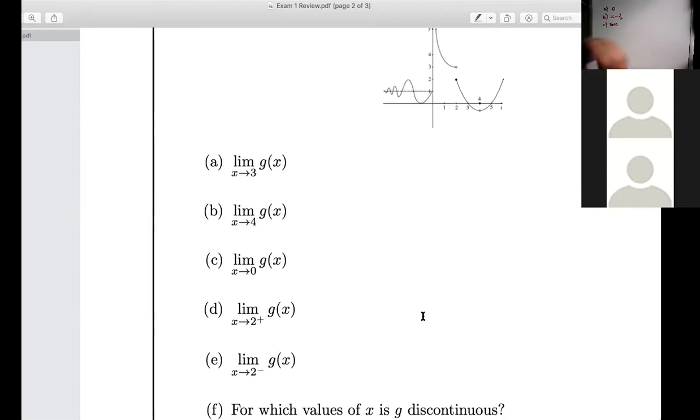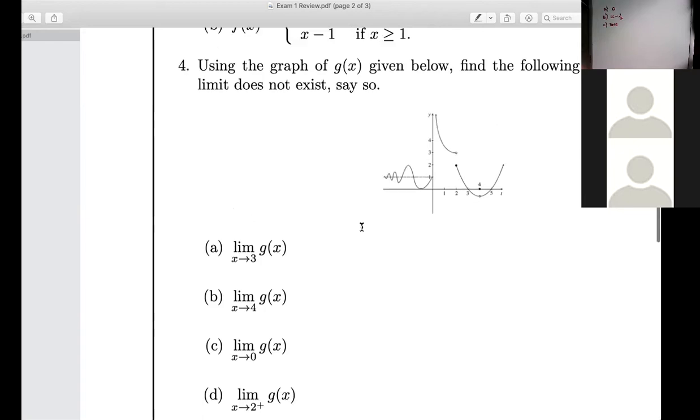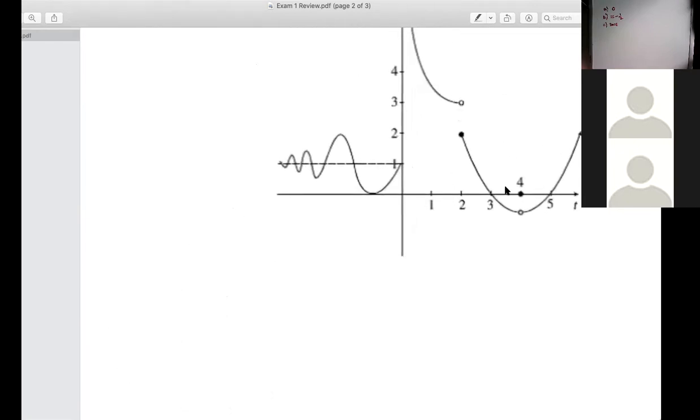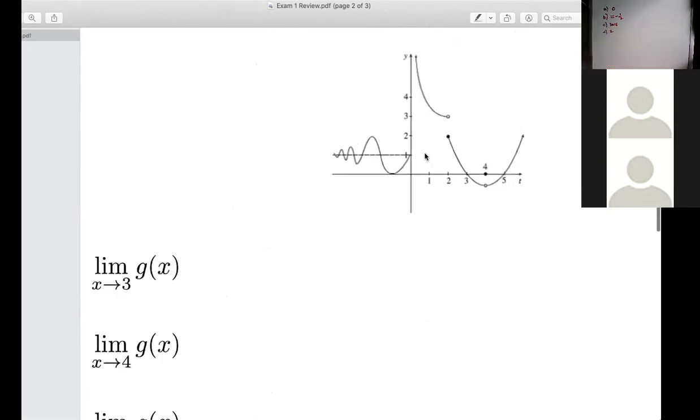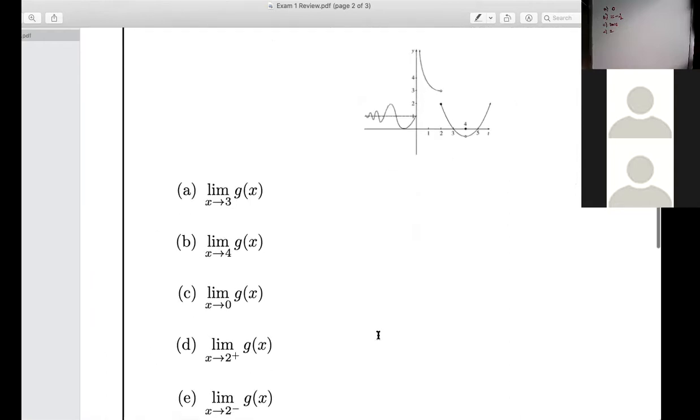Okay, so let's see, part D. Part D, the limit as x approaches 2 from the right of g of x. As x approaches 2 from the right, we're going to be on this parabola, like this right-hand parabola here, getting closer to the filled-in dot. The filled-in dot has y-coordinate 2, and so that's our limit from right to left, so approaching from the positive direction.